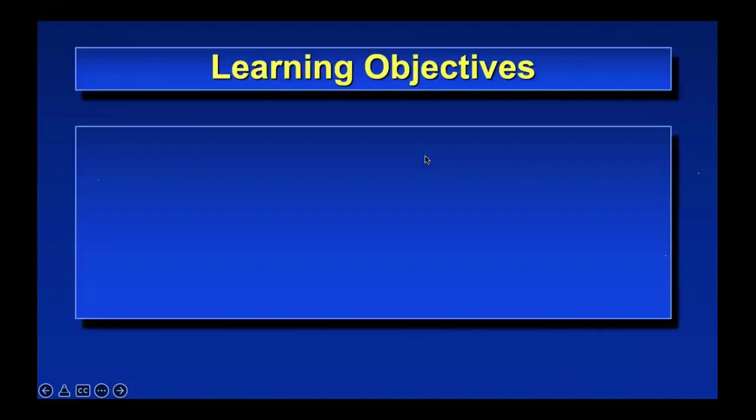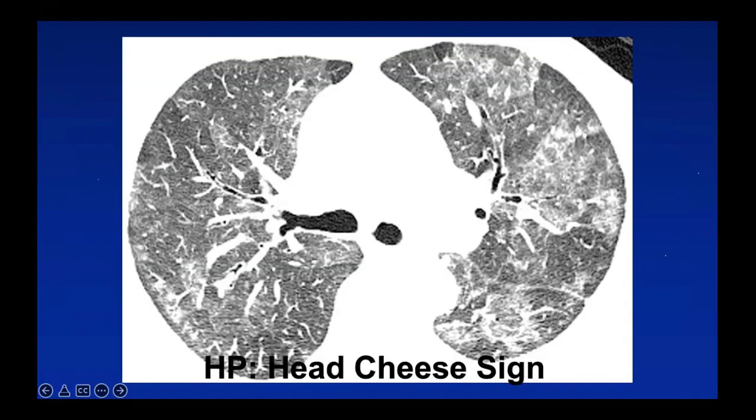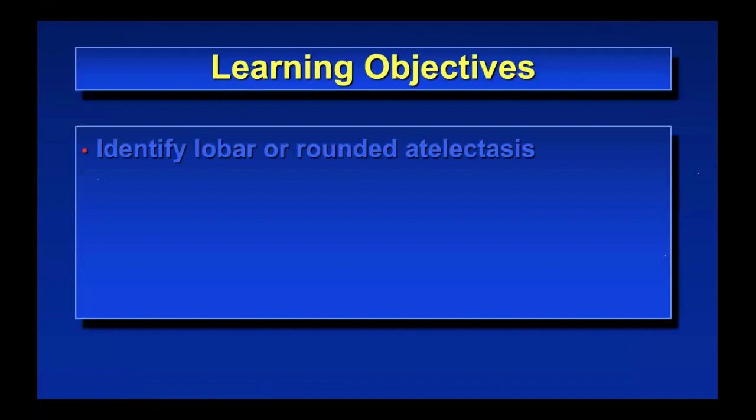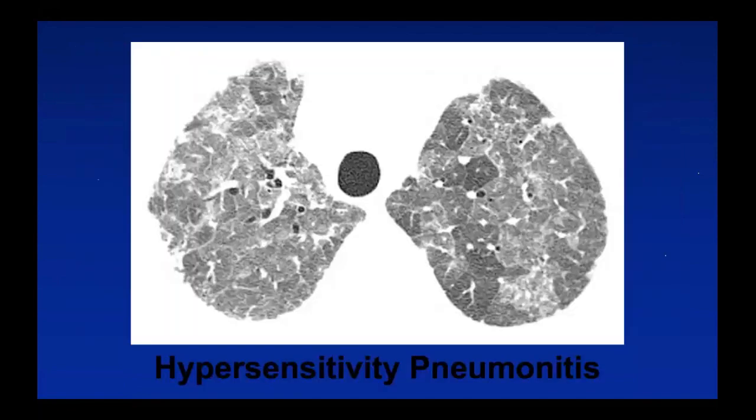So that is called the head cheese sign, and that's seen in hypersensitivity pneumonitis. So let's talk about the head cheese sign. A different patient with hypersensitivity pneumonitis. There are multiple causes of head cheese sign, including pneumonia, especially atypical pneumonia like mycoplasma.